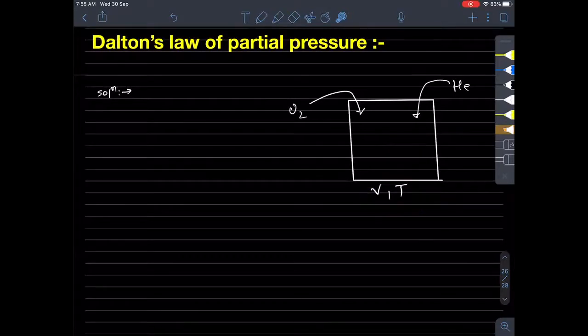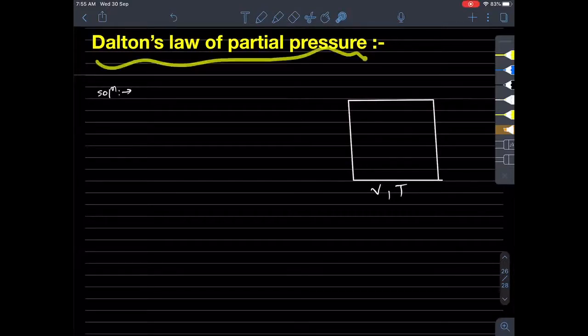So suppose different gases are filled one by one inside the container, and their pressures are P1, P2, P3, and so on. Then what will happen if they are mixed together? What will be the final pressure? This whole law is about that, Dalton's law of partial pressure.